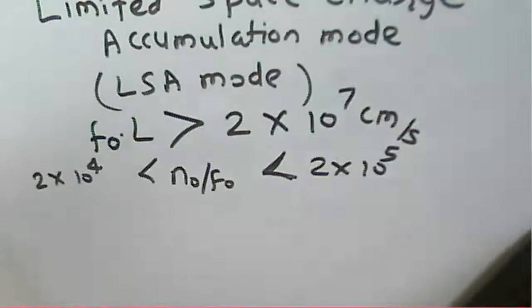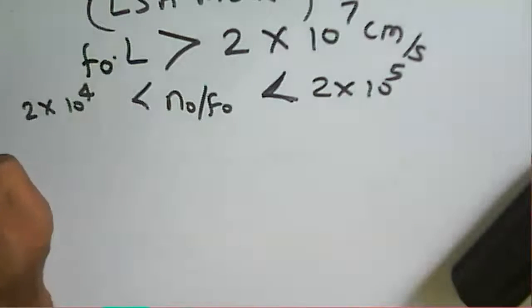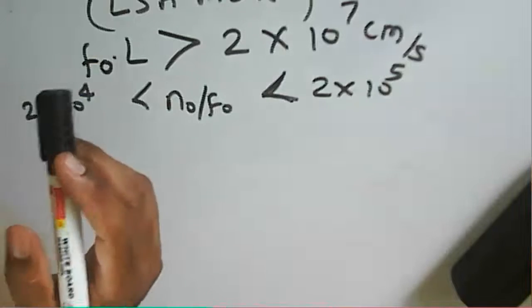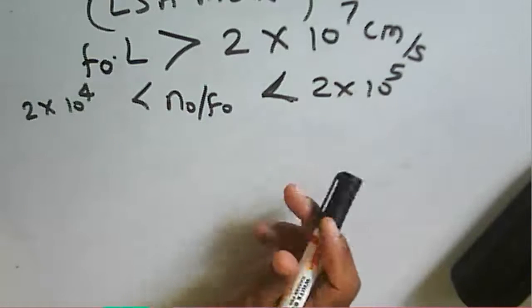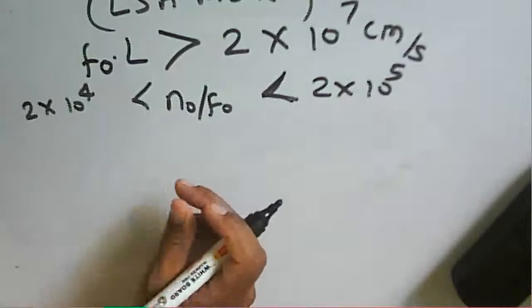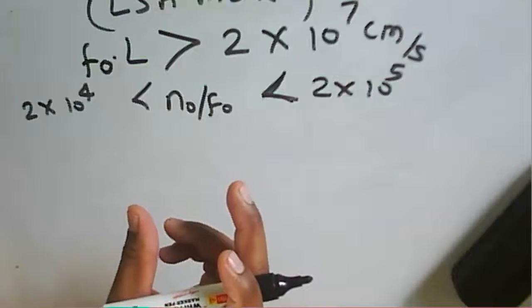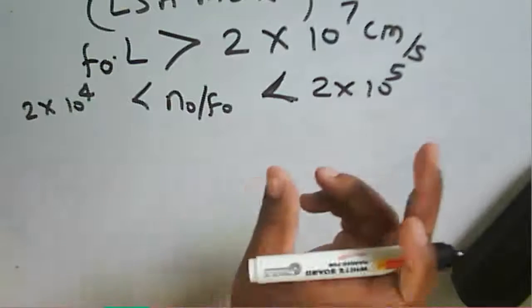The drift velocity of this device depends on the current. In the LSA mode, the frequency of oscillation is very high, so when domain formation takes place, it does not get sufficient time to form the domain.